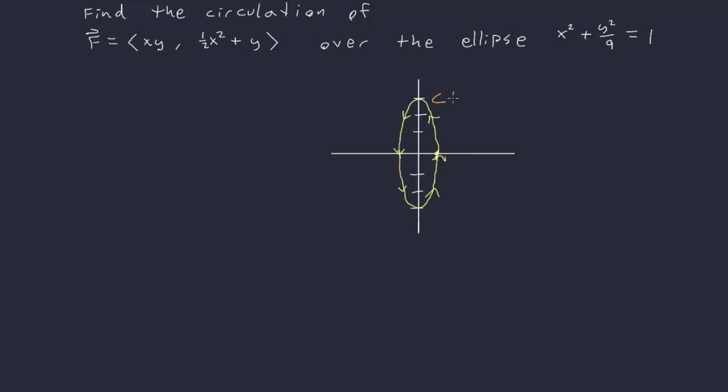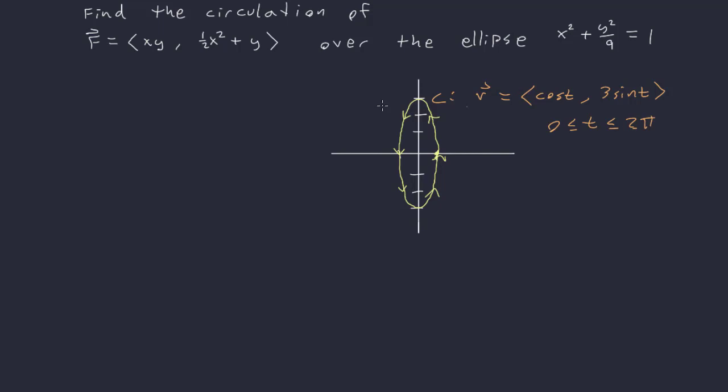So if you remember how we do an ellipse in vector valued functions, it's the x distance times cosine t, so that's still just 1 cosine t, then the y distance, which will be 3 sine t. And we still let t go between 0 and 2 pi. All right, now this is going to end up being kind of gross when we start working through this, but hopefully it won't be too bad.